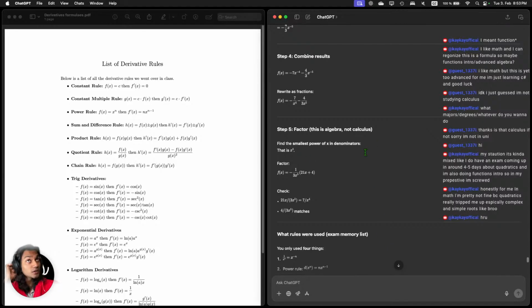Find the smallest power of x in denominators. Okay, rewrite as fractions. Smallest power of x in denominator. Smallest is 4, right? What? Okay, that kind of caught me off guard.